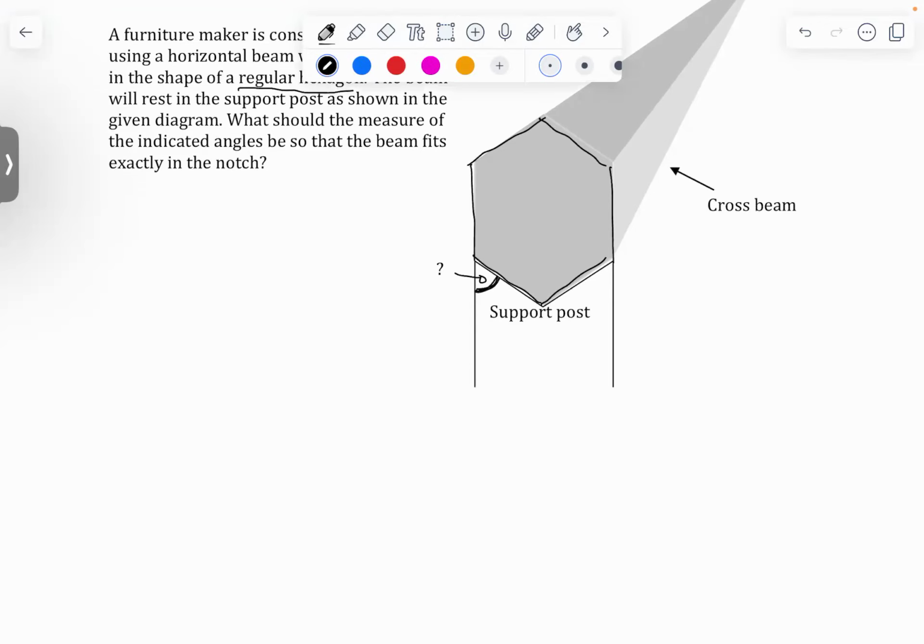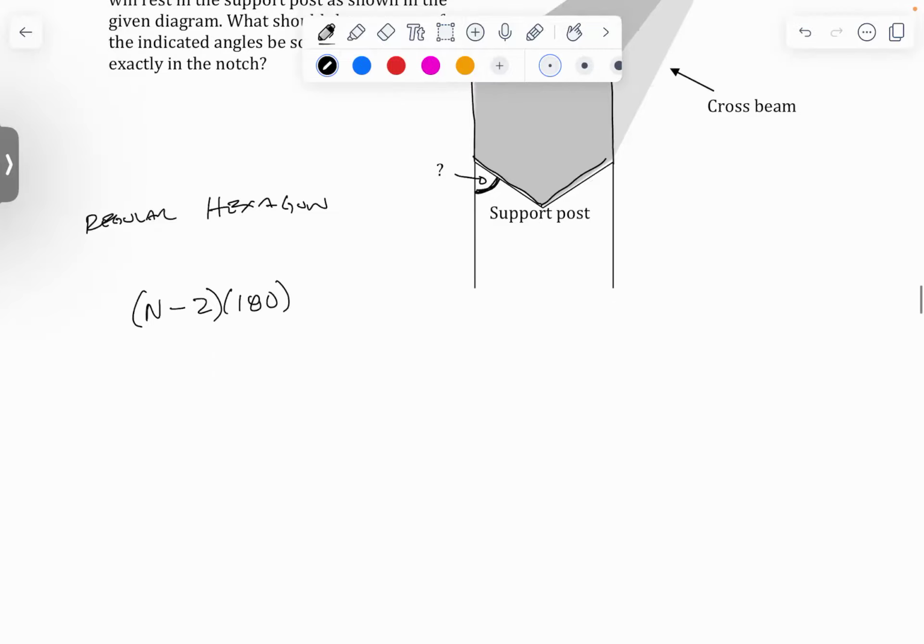So let's start with our regular hexagon. A hexagon has 6 sides. That means the total measure of all the angles is 720 degrees.